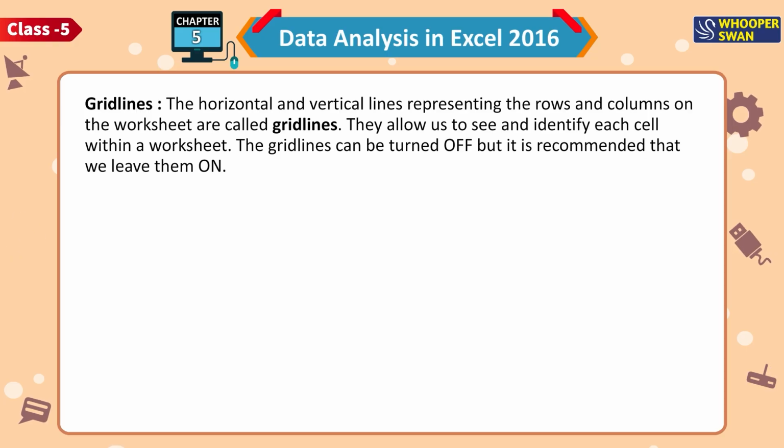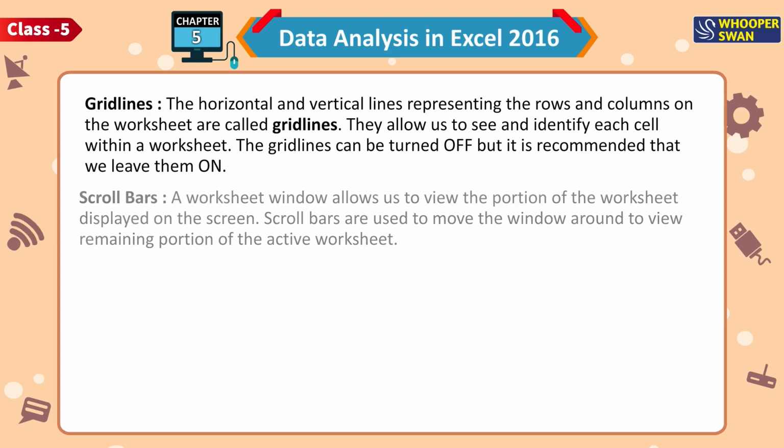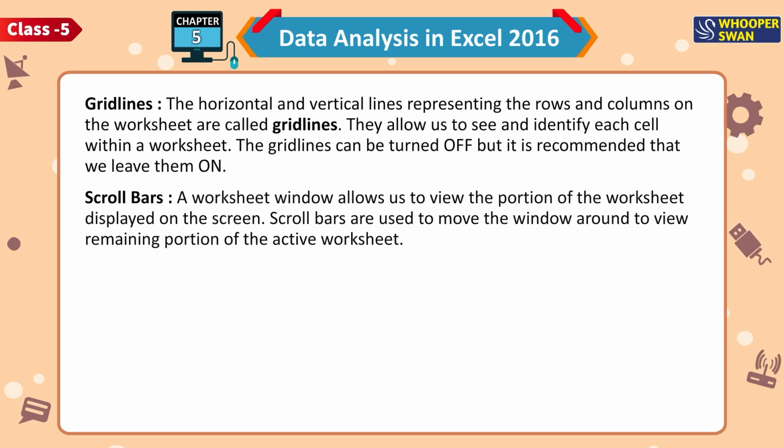Grid lines. The horizontal and vertical lines representing the rows and columns on the worksheet are called grid lines. They allow us to see and identify each cell within a worksheet. The grid lines can be turned off, but it is recommended that we leave them on. Scroll bars. A worksheet window allows us to view the portion of the worksheet displayed on the screen.